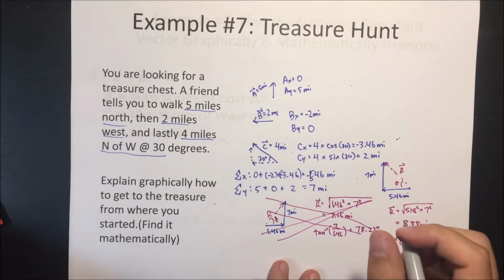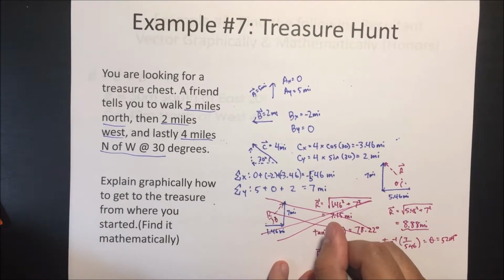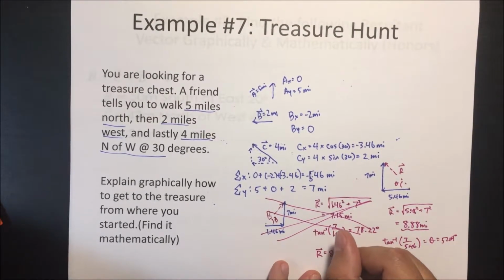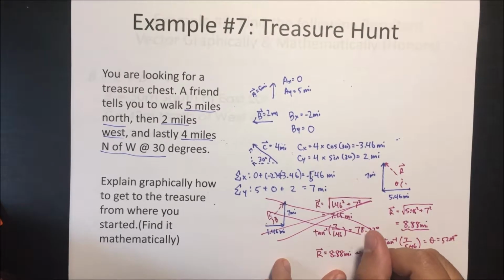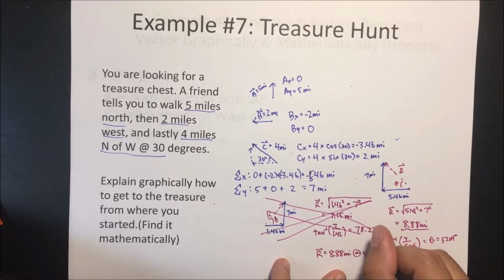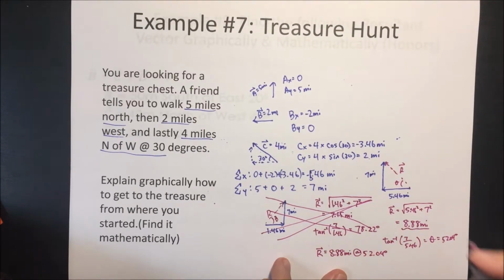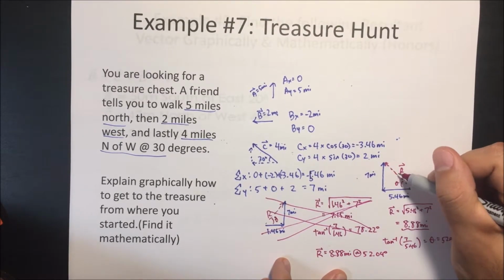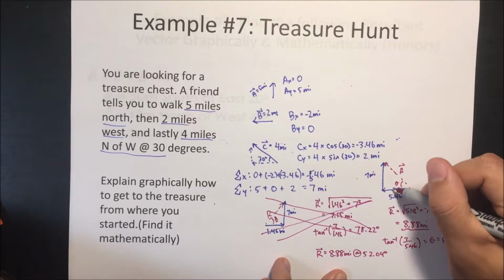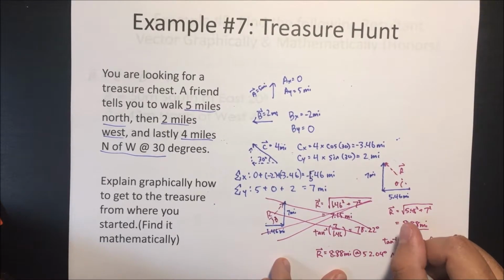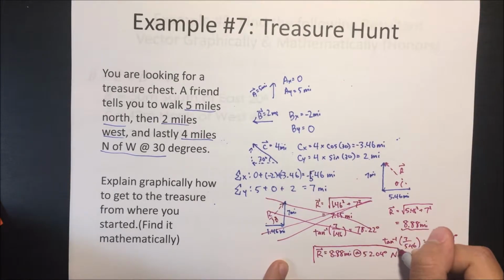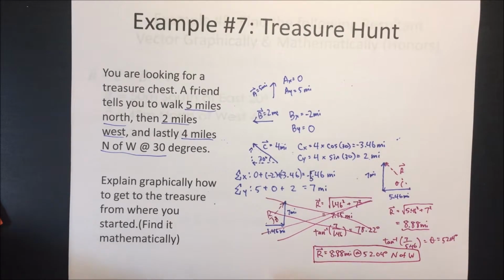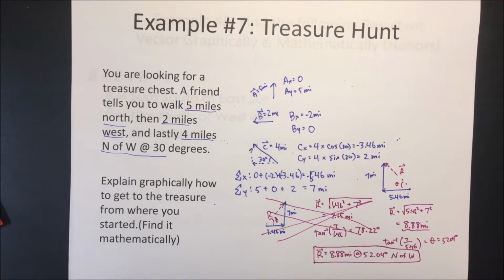In the end, we can say our resultant vector is equal to 8.88 miles at 52.04 degrees, and we're going to call this north of west. Okay? Just like that.